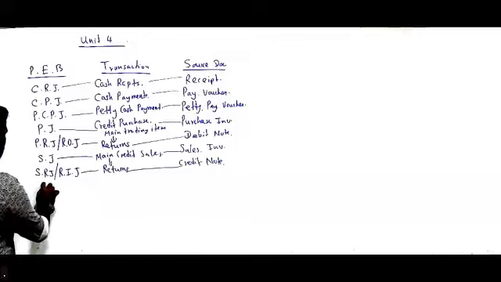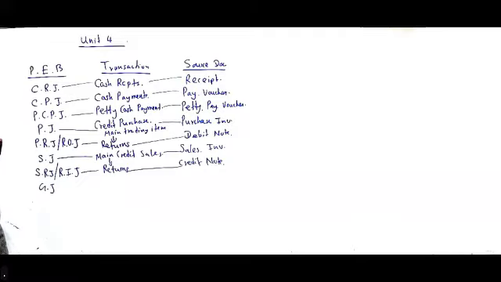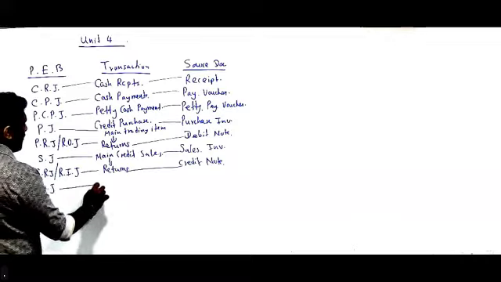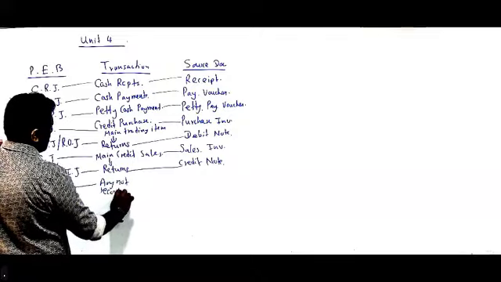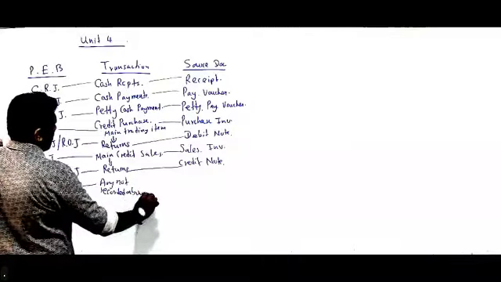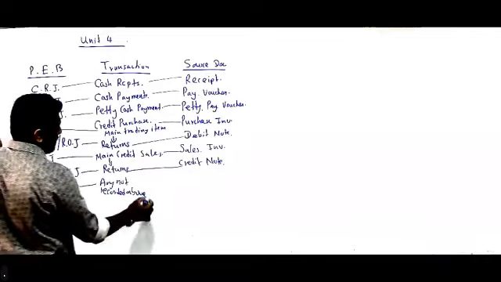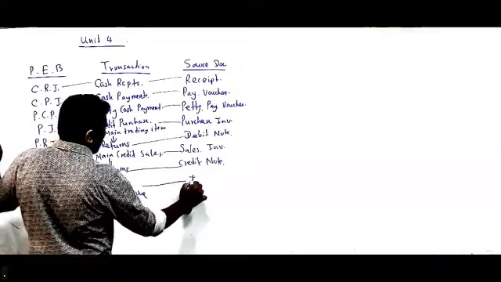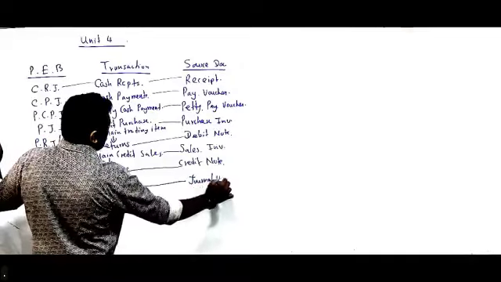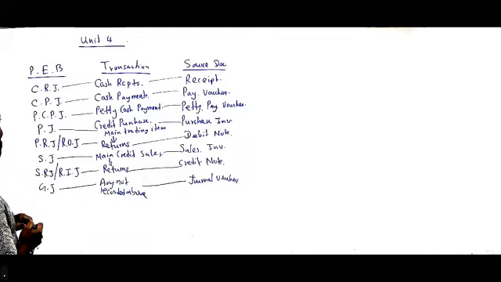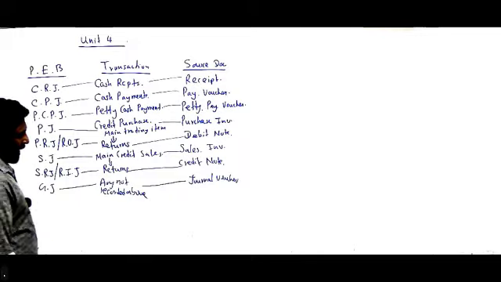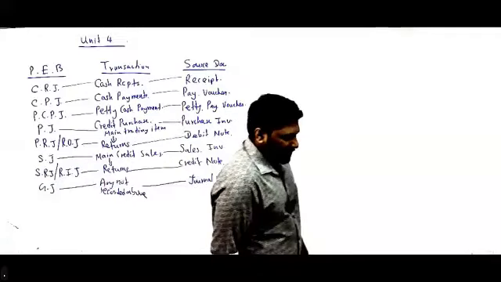Then the final one we studied was the general journal. In the general journal, what are we recording? Any item not recorded in the above prime entry books will be recorded in the general journal. Source document, journal voucher. So 1, 2, 3, 4, 5, 6, 7, 8. 8 prime entry books are there in your syllabus.